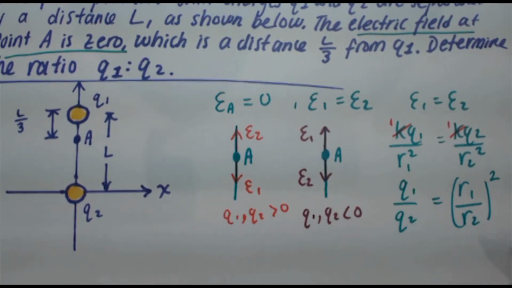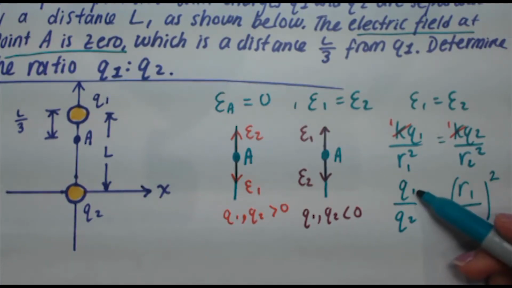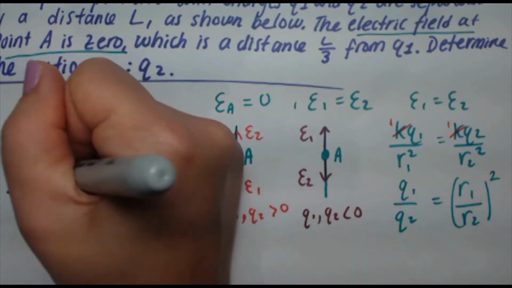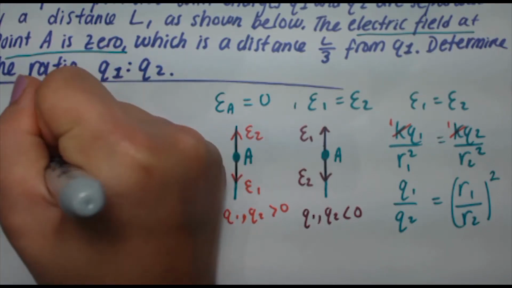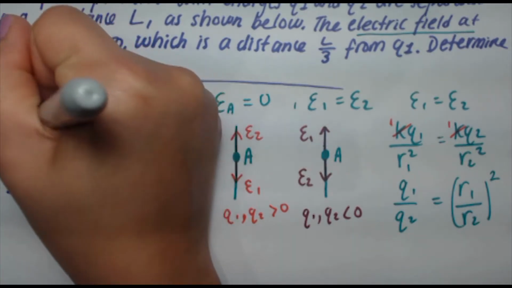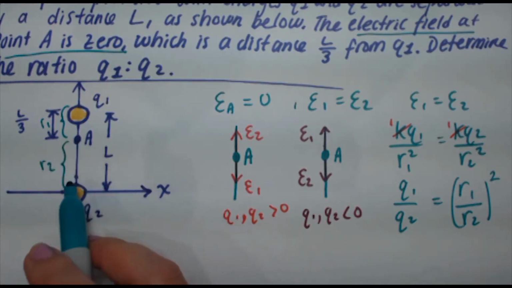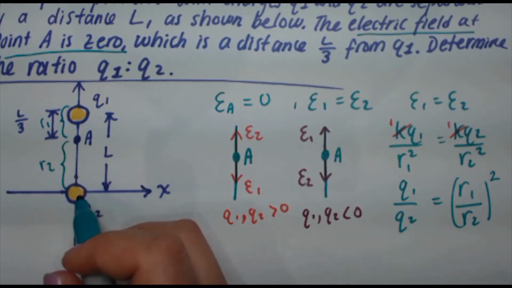At this point, I need expressions for R1 and R2. R1 is the distance from Q1 to the point of interest, which is A. R2 is the distance from Q2 to the point of interest, A. So this is going to be my R2, and this is my R1. Now notice R1 is already given to us. It's L over 3. So all that's left for us to determine is R2.